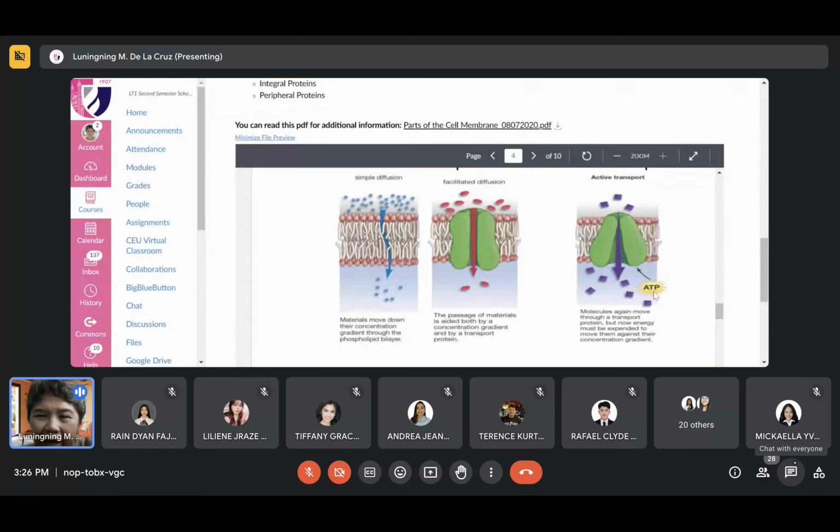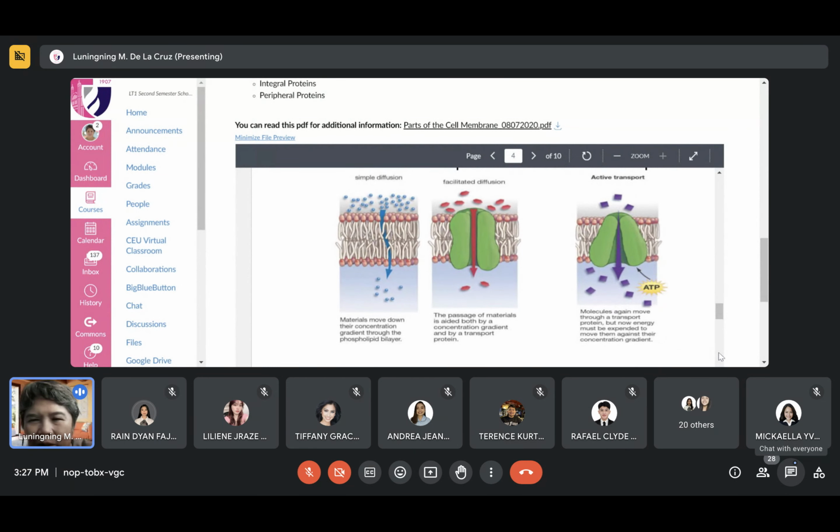Now, this ATP will react together with the protein in order for the materials to move from the outside of the cell to the inside of the cell. Remember that the energy molecule ATP is needed for this purple material to move from the outside to the inside of the cell.